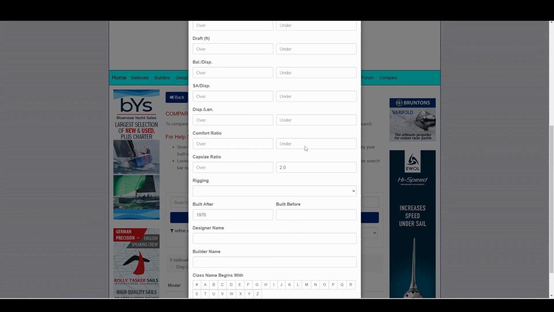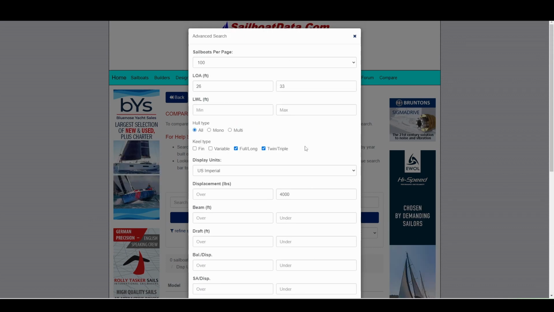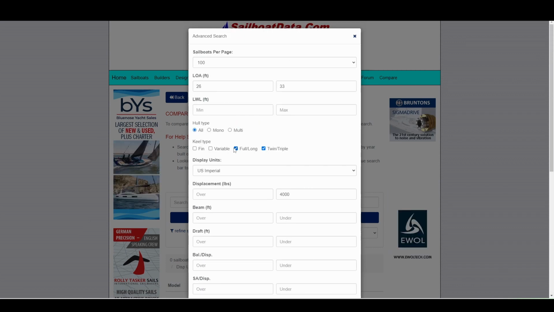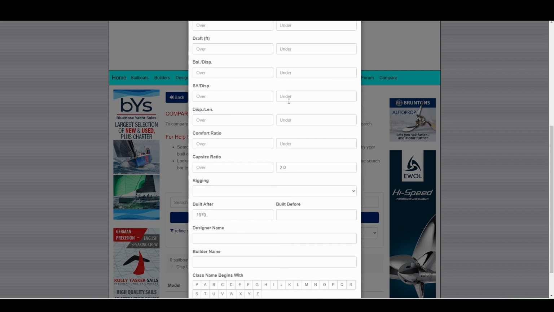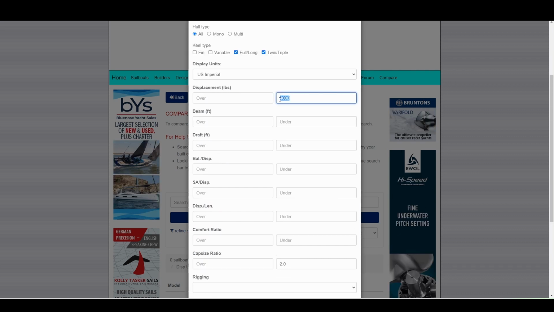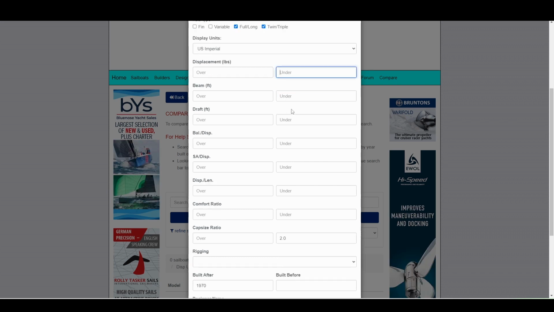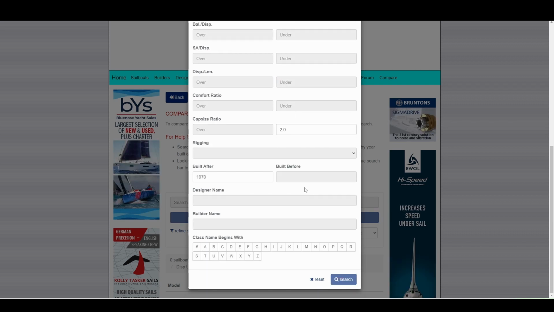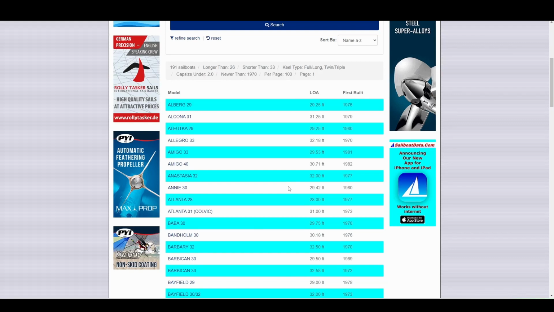They didn't, so what's wrong? Okay, most probably there is no boat under 4,000 pounds. Let's redefine the search. As you can see, you can make criteria, and if nothing lists, one of your criteria is just not in combination with the others.